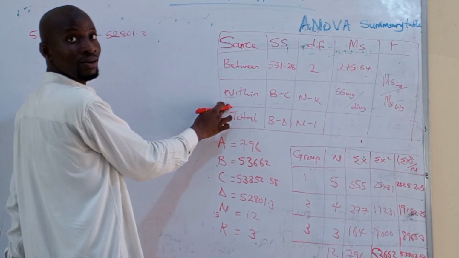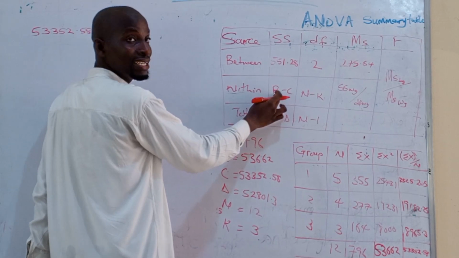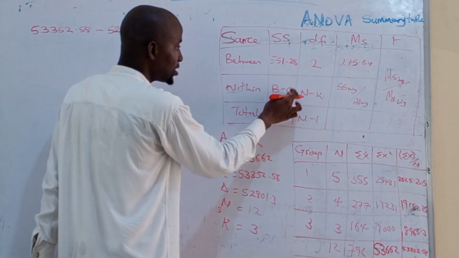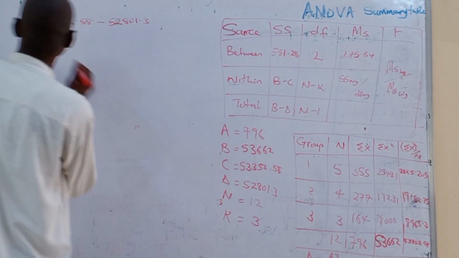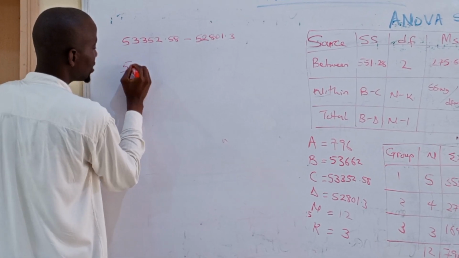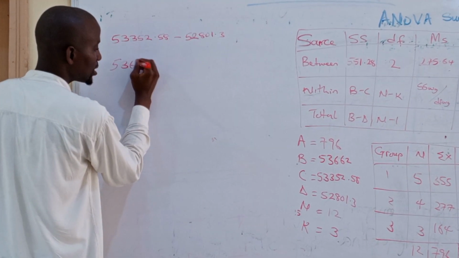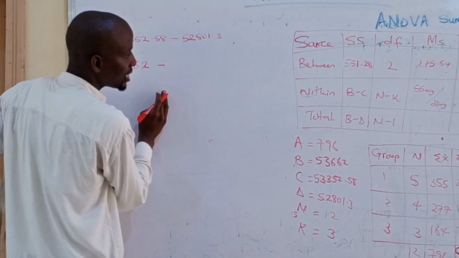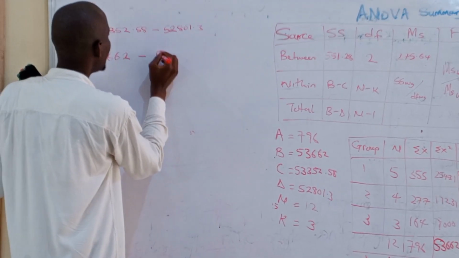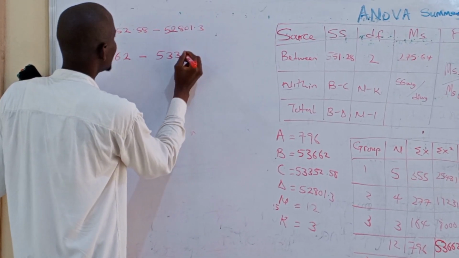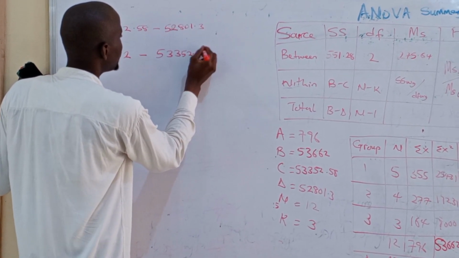Within group now. For within group, we need B minus C. Our B is what? 53662. Then our C is 53352.58.